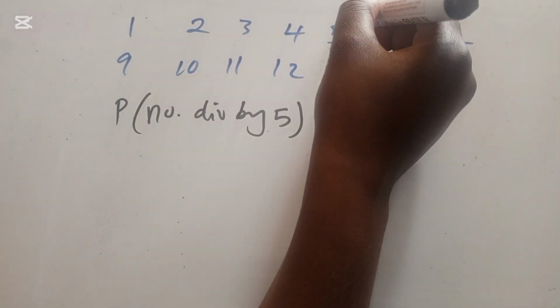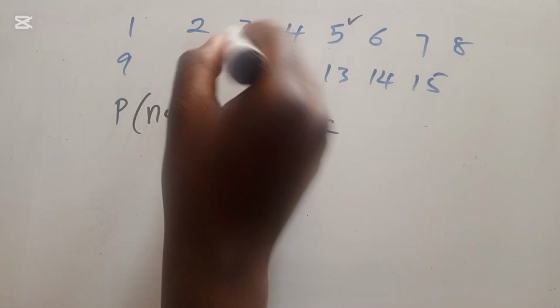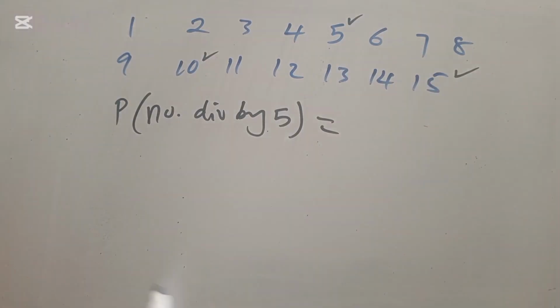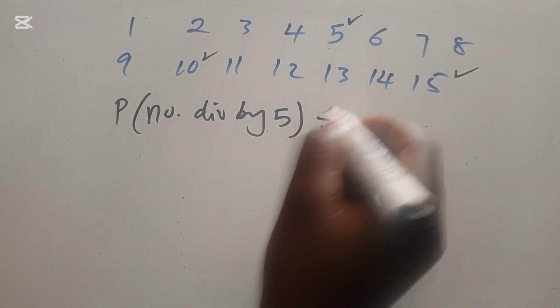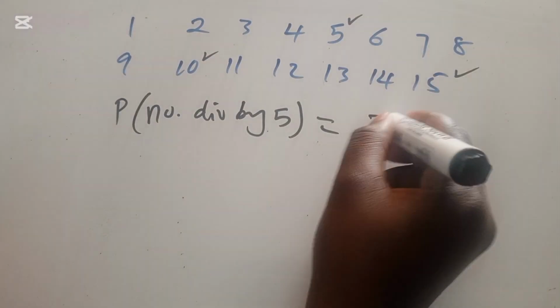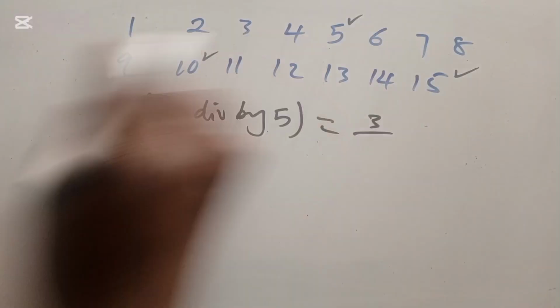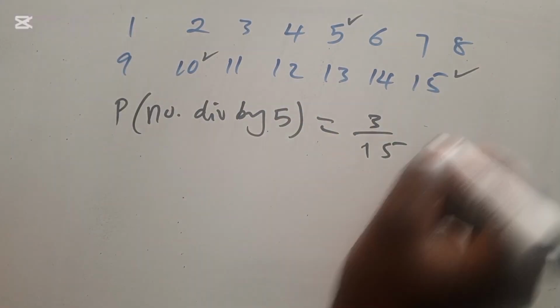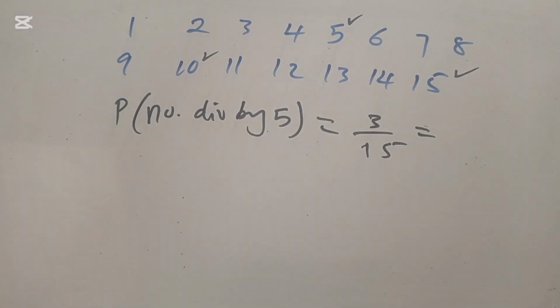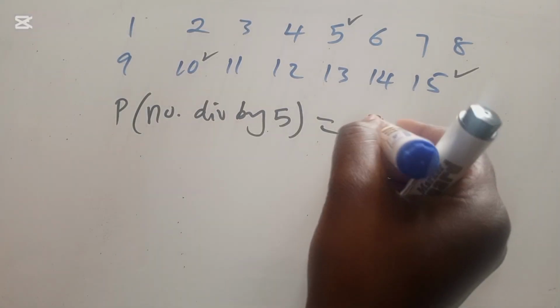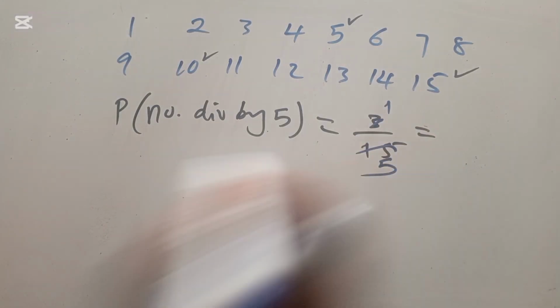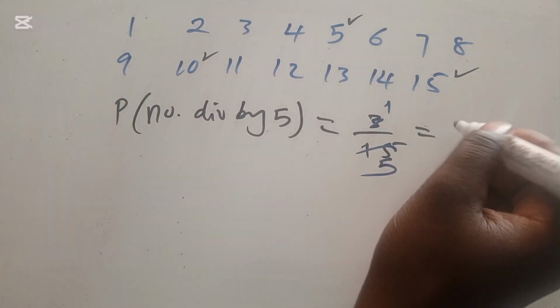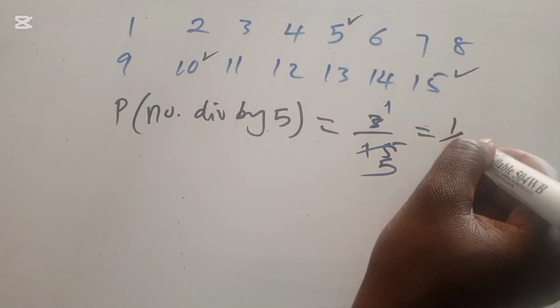So 5 is divisible by 5, 10 is divisible by 5, and 15 is divisible by 5. So the answer here is 3 over the total number. All the numbers here are 15. You can simplify further by 3: 1 by 3, 5. And therefore your answer is 1 over 5.